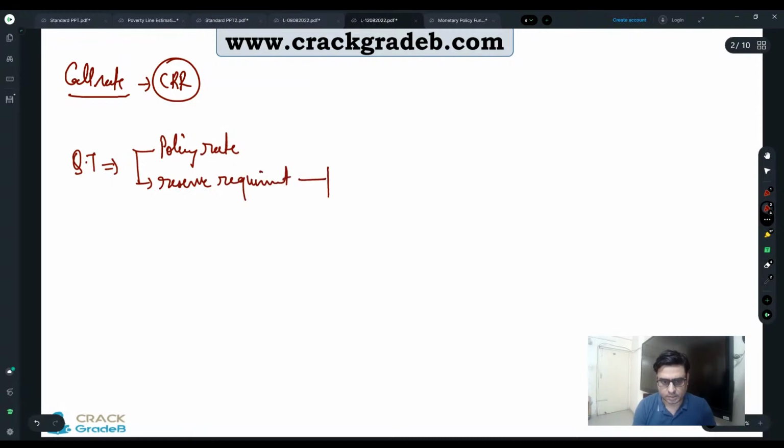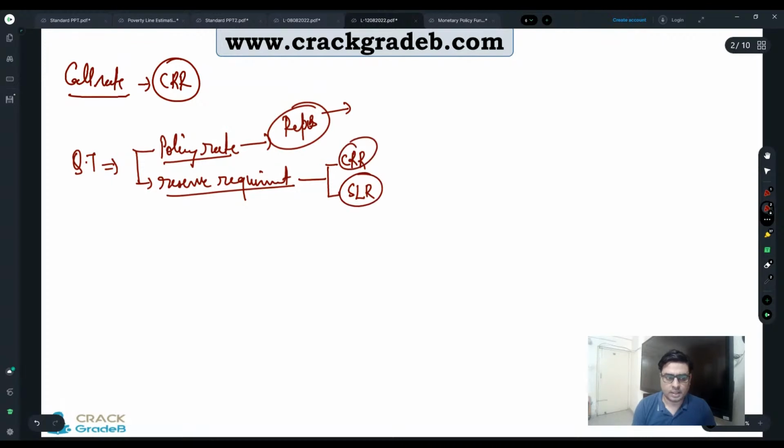Under the reserve requirement, basically CRR and SLR, right? And in the policy rate, the main one is what? Repo. So repo and other things are also there, but basically it's the repo which is the center of focus under the policy rates, and under the reserve requirement there are two, CRR and SLR, and we have started the CRR.